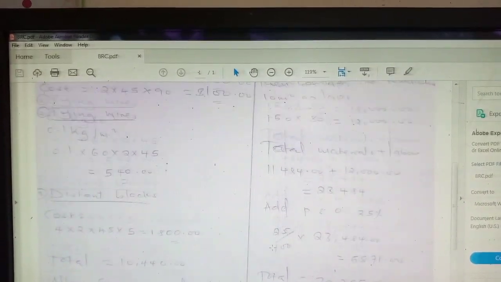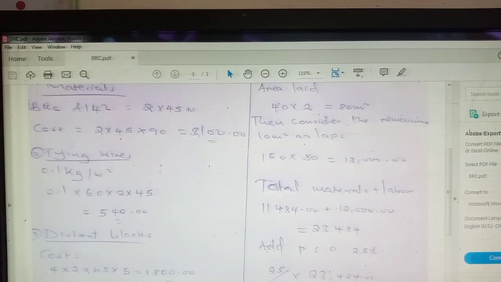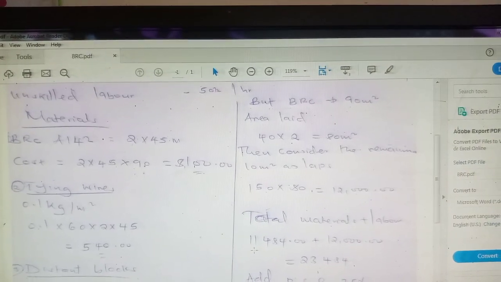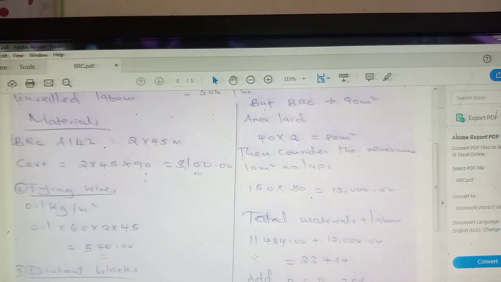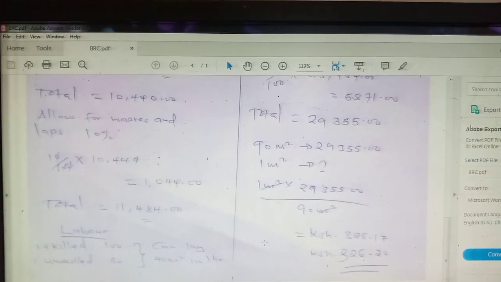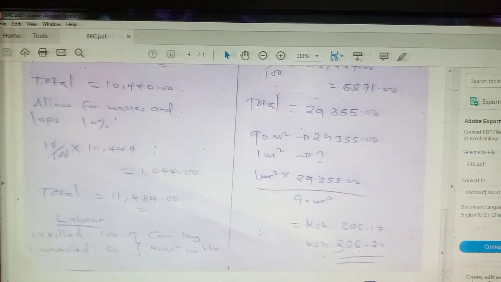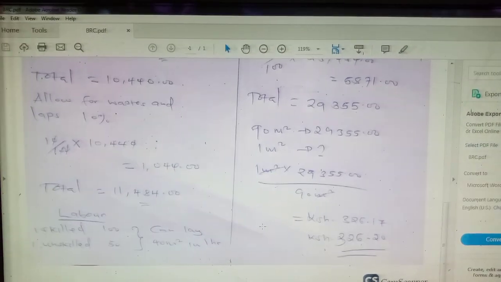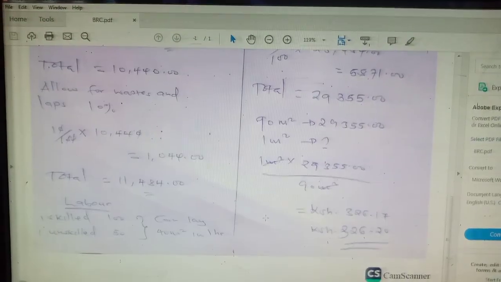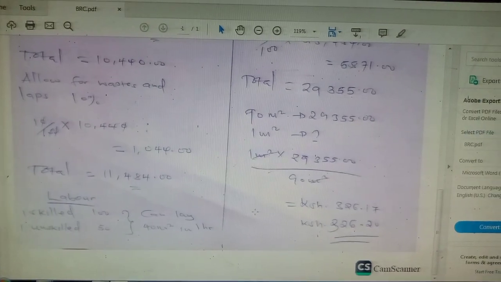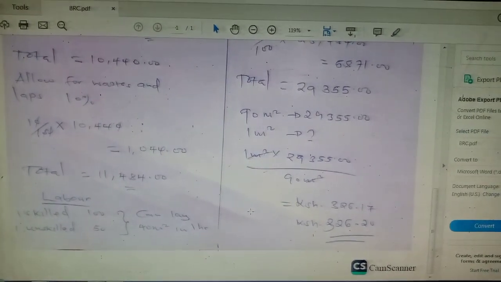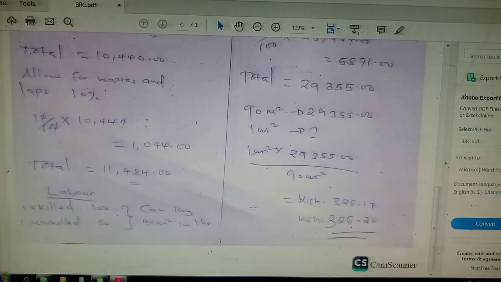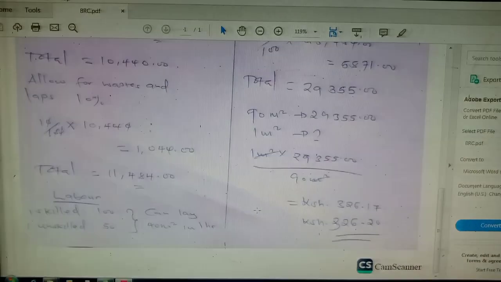So you'll then say that the area that we should work on is 90 square meters, but 1 skilled plus 1 unskilled can lay 40 meters square in 1 hour. One skilled is paid 100 shillings per hour, one unskilled is paid 50 shillings per hour. So that is a total of 150 shillings.